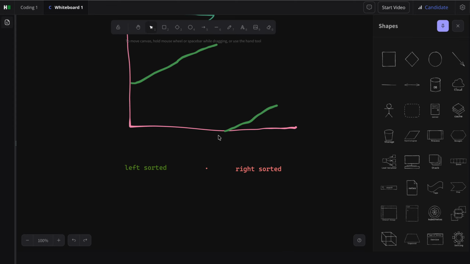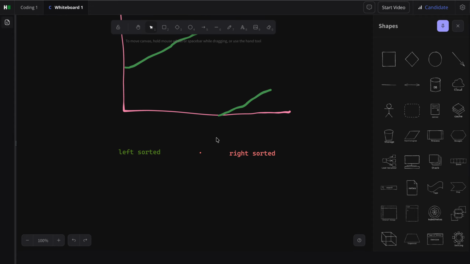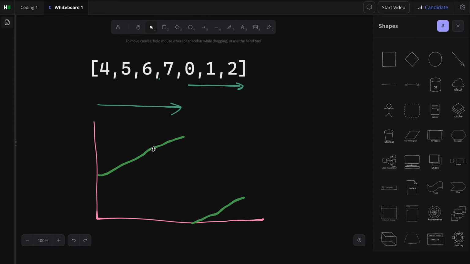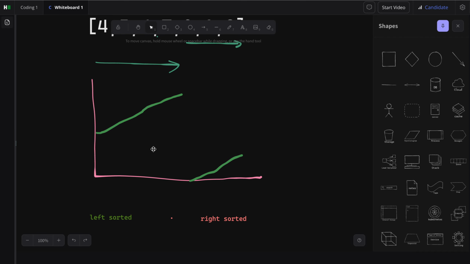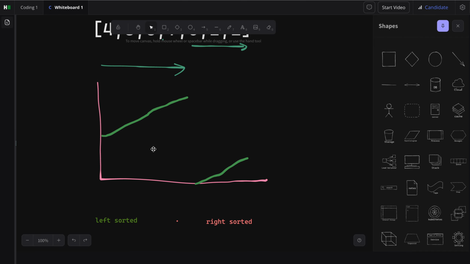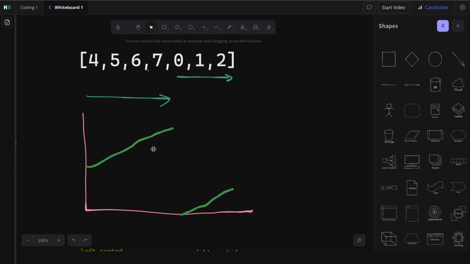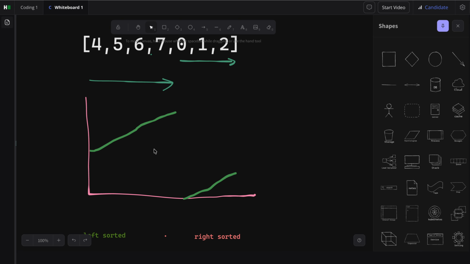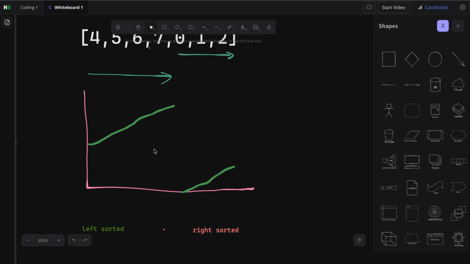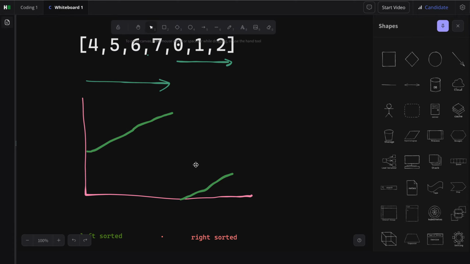Can we determine one over the other? How do we know when we're in the right sorted? Can we determine that successfully? That I don't know.